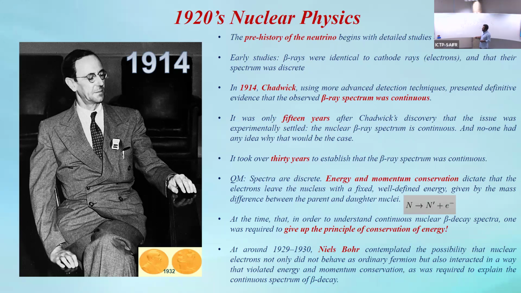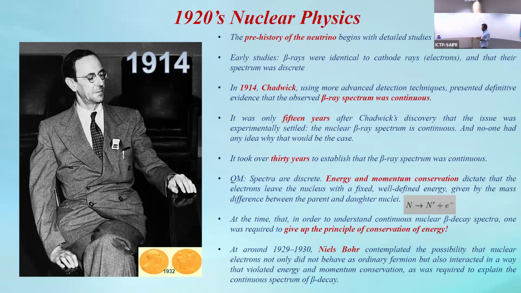It took almost 15 years after that discovery for the experimental issue to be settled, because in some experiments they were finding a discrete spectrum, and Chadwick settled this issue and found the continuous beta ray spectrum.